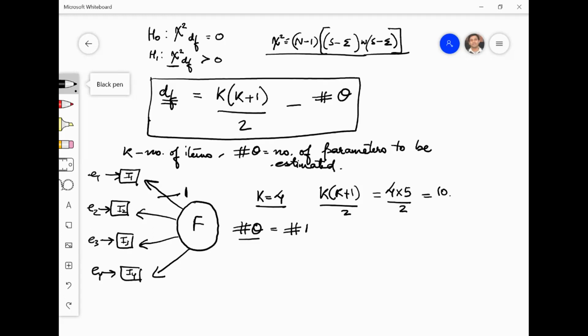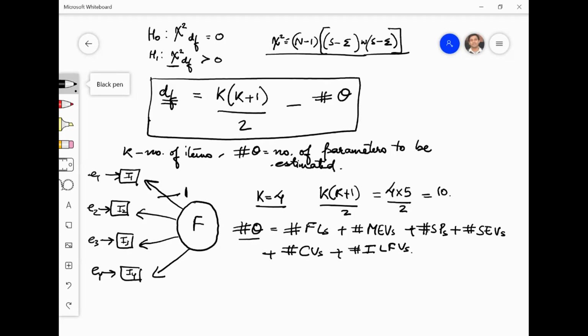So we said the number of factor loadings, the number of measurement error variances, then the number of structural paths to be estimated, then the number of structural error variances, then the number of covariances, and the number of independent latent factor variances.